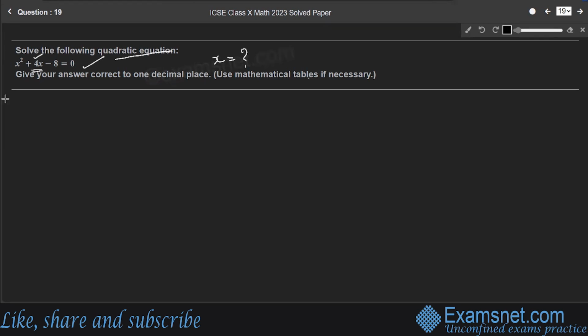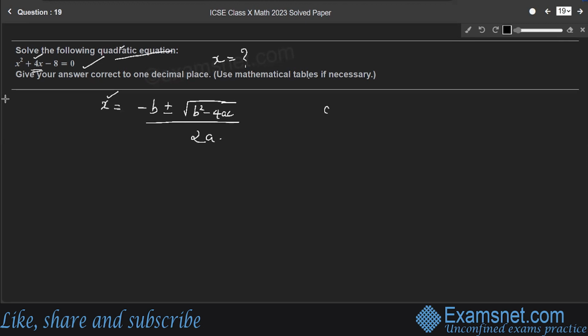Directly we'll use the formula, right? x is equal to minus b plus or minus root of b square minus 4ac, divided by 2a. This is the formula to find the value of the unknown term x in the case of a quadratic equation.